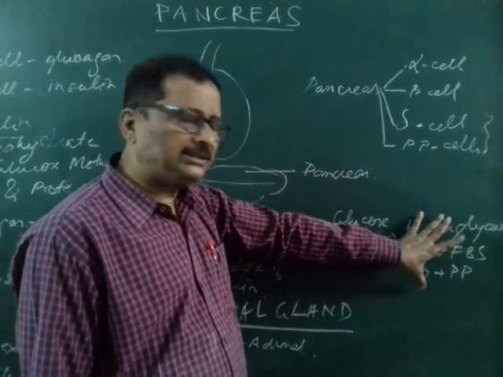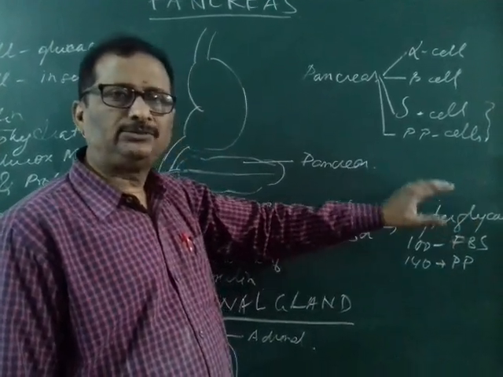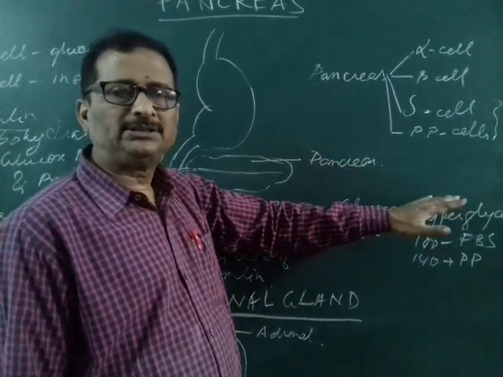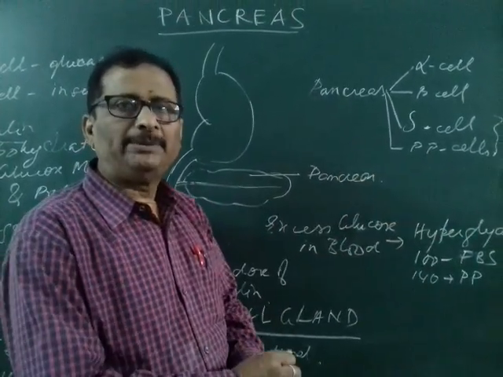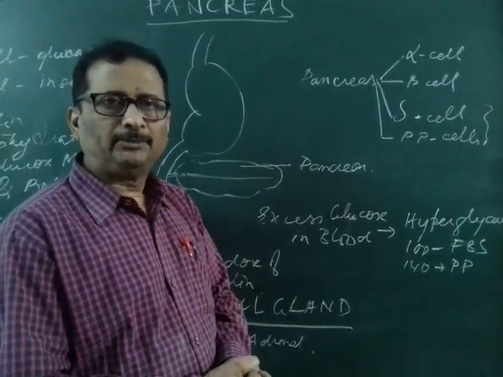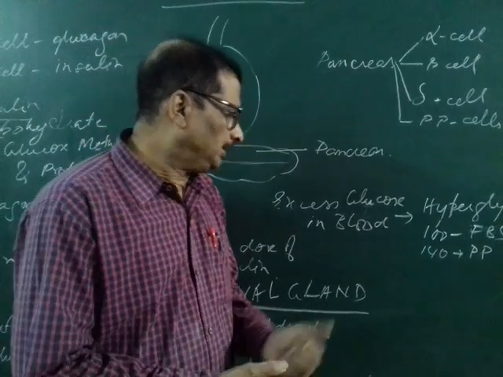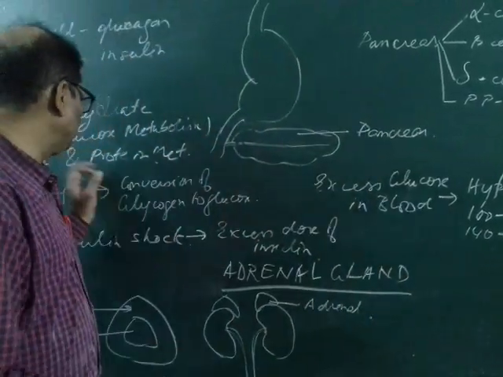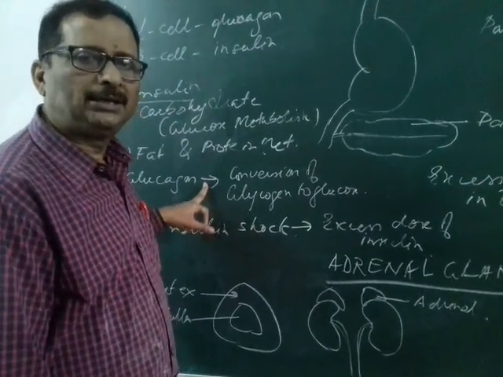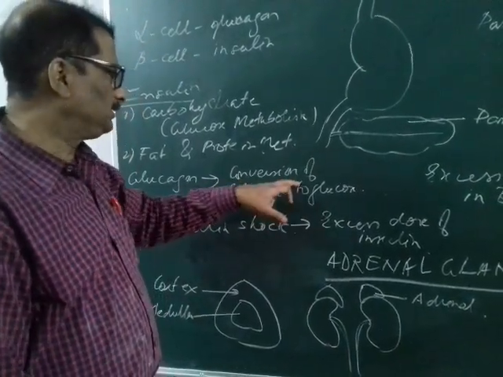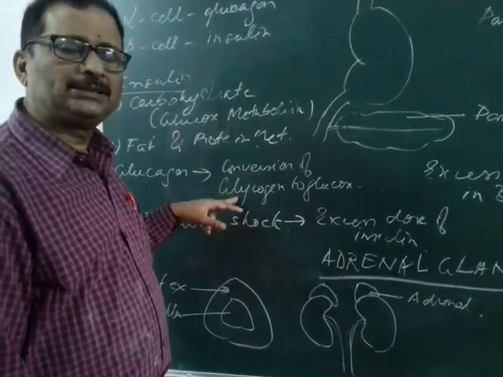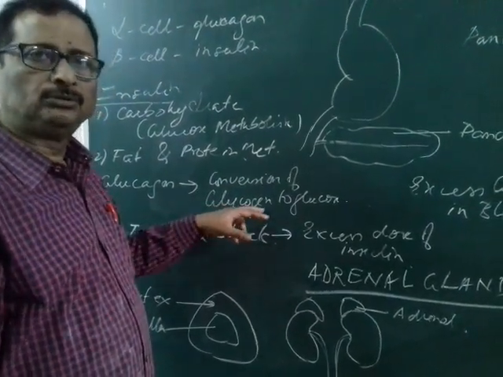So if a person is hyperglycemic, that means the insulin is not being produced in sufficient quantity. The person will have disorders like diabetes mellitus, which leads to various types of malfunctioning in the body. Now, the second hormone which I told you is glucagon, secreted from the alpha cell. The glucagon helps in conversion of glycogen to glucose.